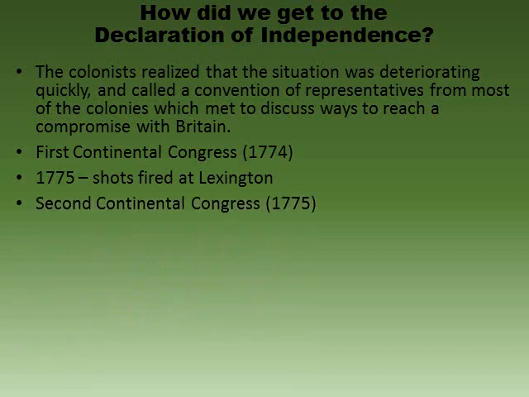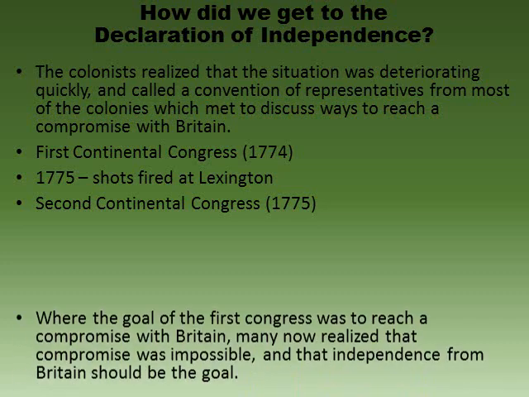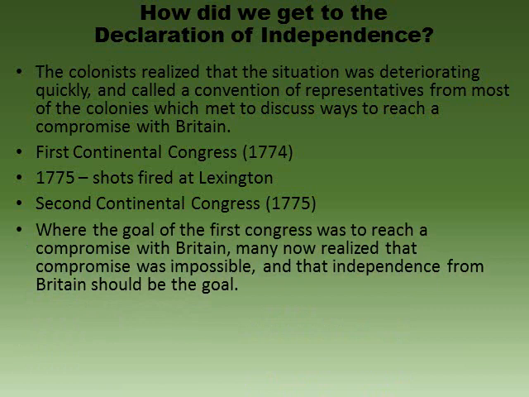So we had a Second Continental Congress convene in 1775, again trying to reach some sort of compromise, just like the first Congress had. But by this point in 1775, many realized that compromise really wasn't possible, that the British government was really intent on teaching the colonists a lesson, that they weren't going to back down and leave them with their honor and independence intact and everything.